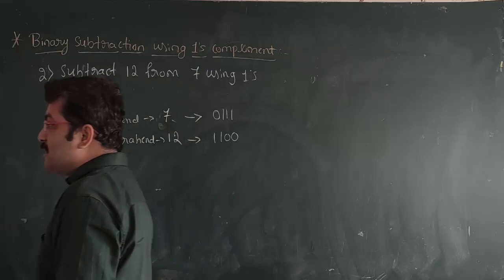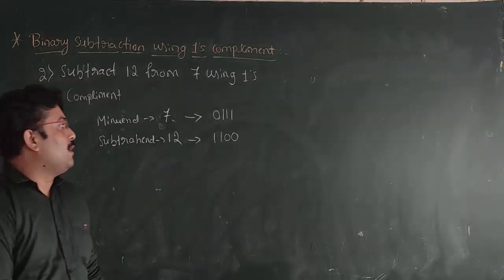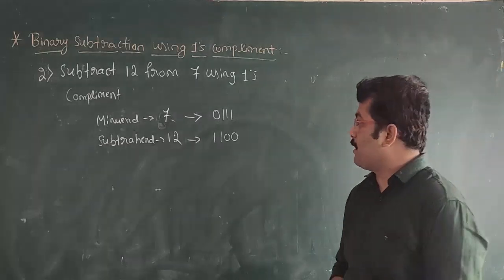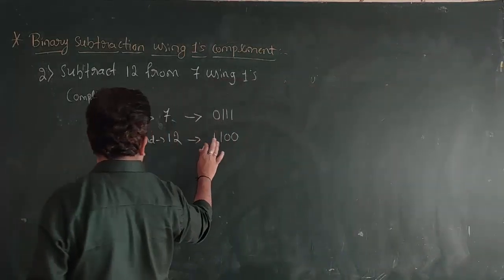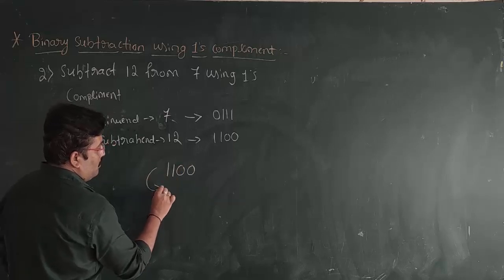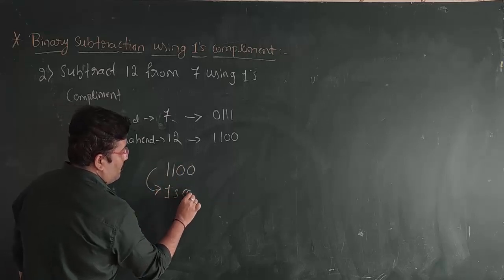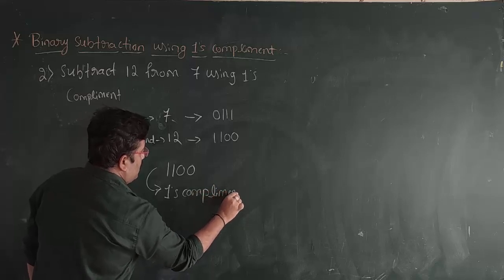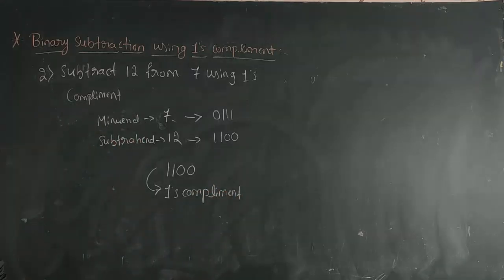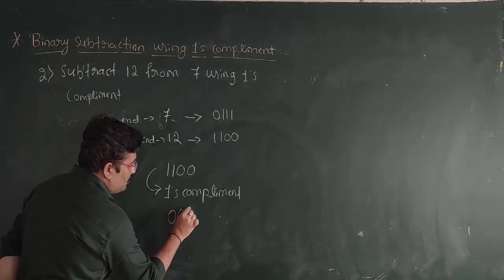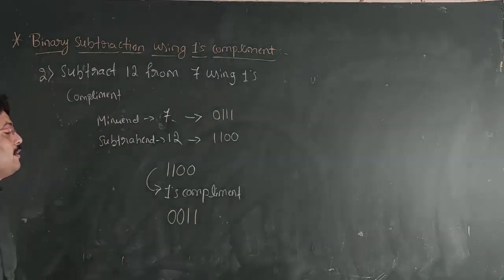So the first step is to find the ones complement of the subtrahend. So the subtrahend value is 1100. So the ones complement of 1100: 1 is replaced by 0, 0 is replaced by 1.